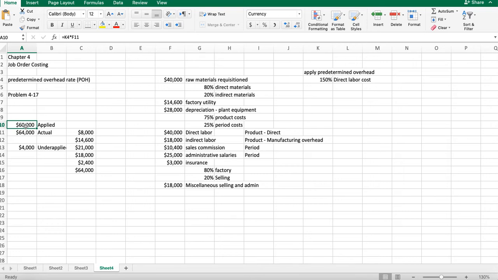They have not absorbed all of my overhead. So that 4,000 of underapplied reflects my actual overhead. So what I have to do is take that underapplied and add it to my cost of goods sold so that my income statement reflects my actual overhead. Now, this will start hopefully coming to you as we go through these problems.